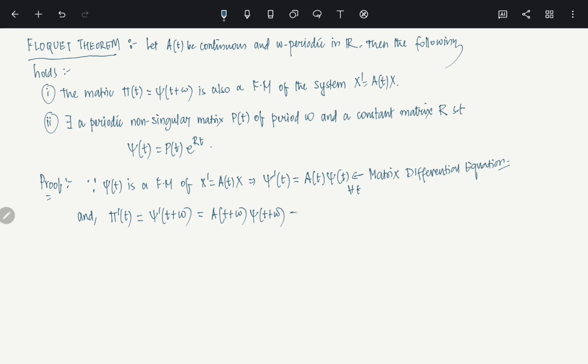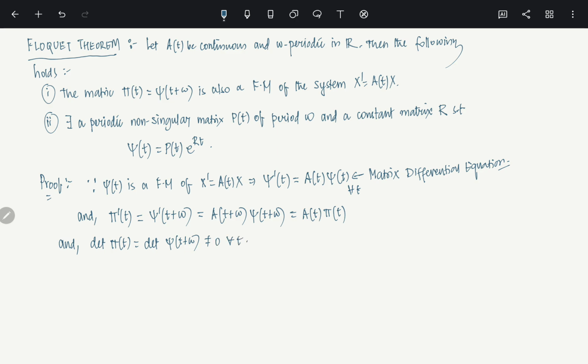Clear? Now you see, if A is W periodic, then A of t plus W is nothing but A of t. And what is phi of t plus W? It is nothing but psi of t. So psi is another matrix which satisfies the matrix differential equation of the homogeneous equation. And of course, the determinant of psi of t is nothing but the determinant of phi of t plus w, and that is going to be non-zero for all t.